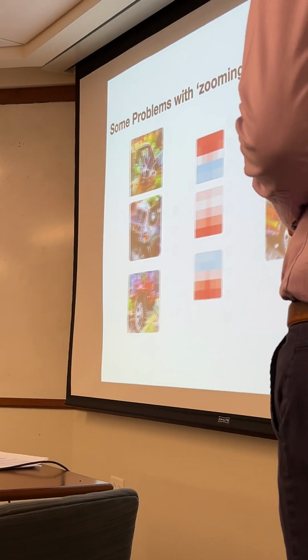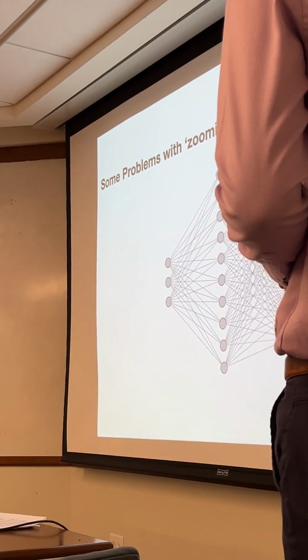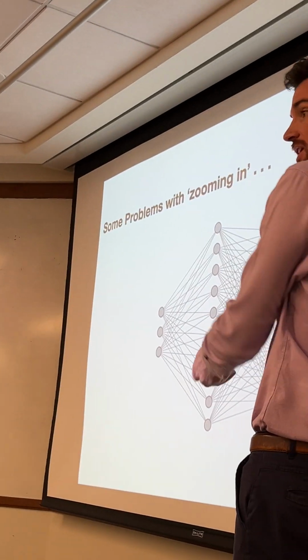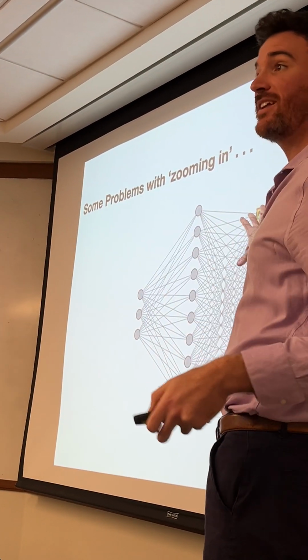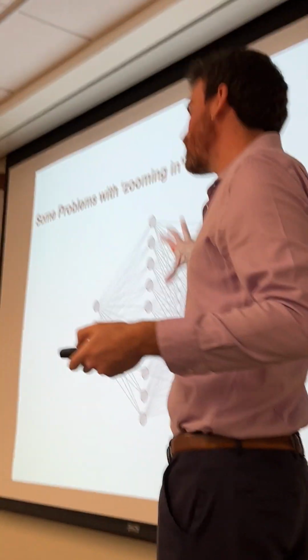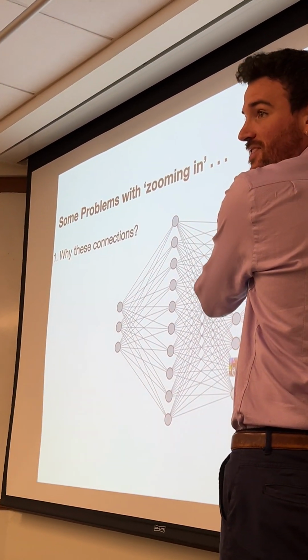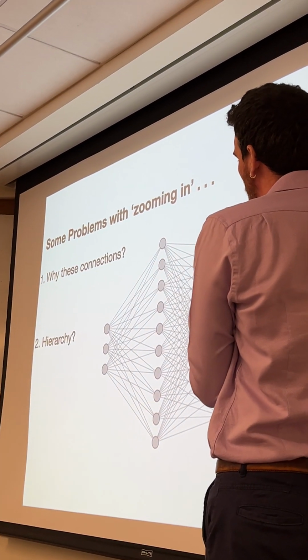This is really great. We'd really love for the networks to be simple like this. But one question I had when I saw this is, this is really embedded in this really large network. Is there really this simple structure embedded in this really complicated thing? And how can we justify that? So, first question is, well, how do you pick these as the relevant connections for understanding this car detector? What about hierarchy?